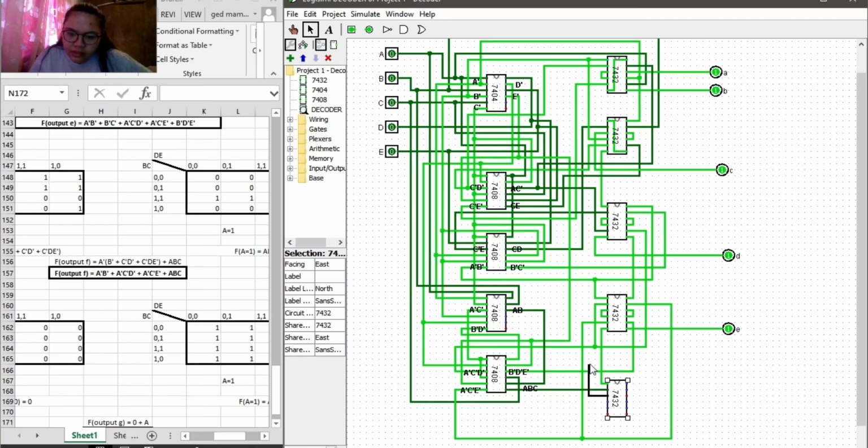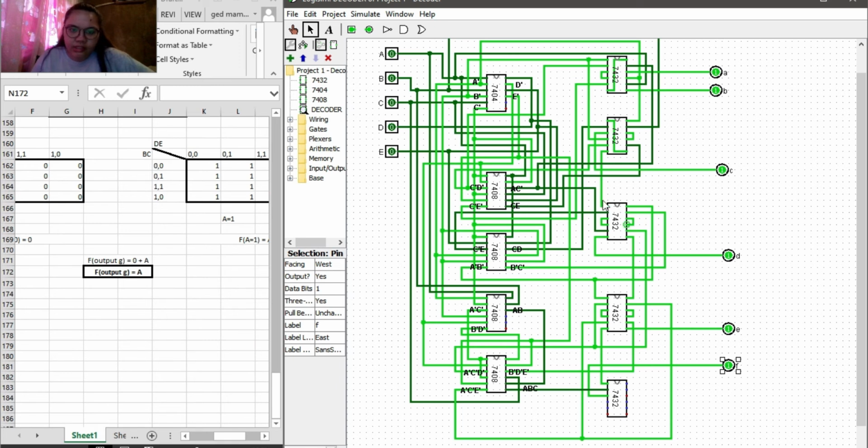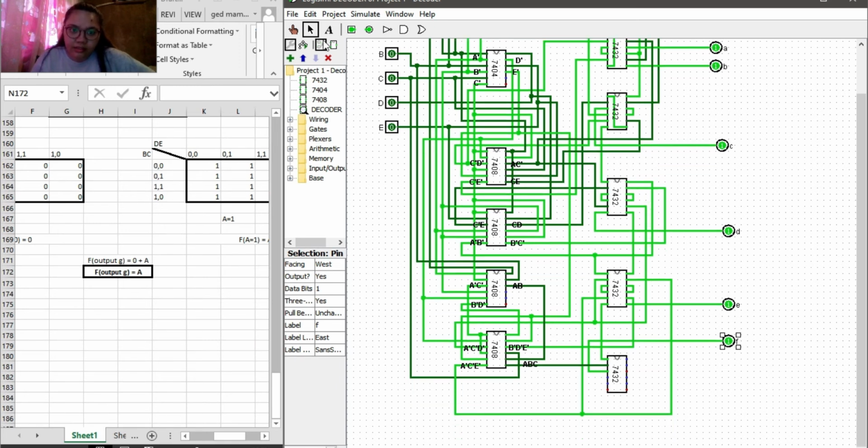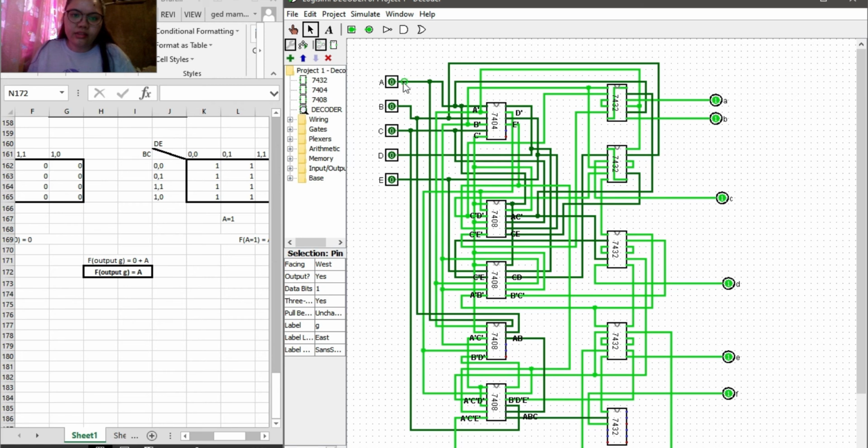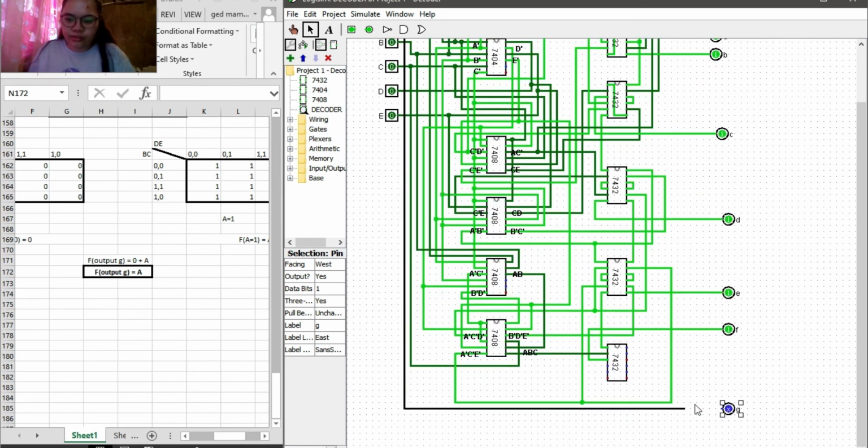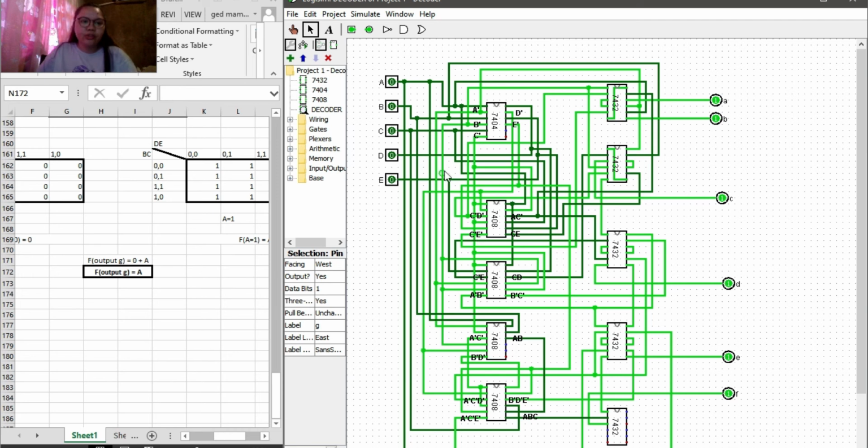The output of this is our output F. And for our G, it is simply A. So let's put an output here labeled G, and connect this A wire to here. So we're done with our decoder.